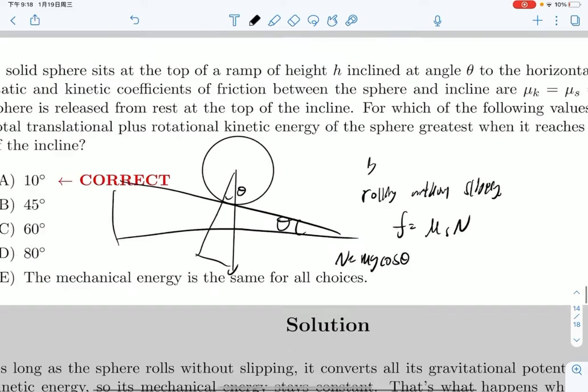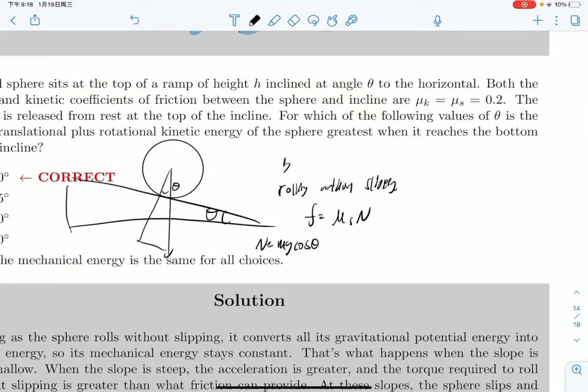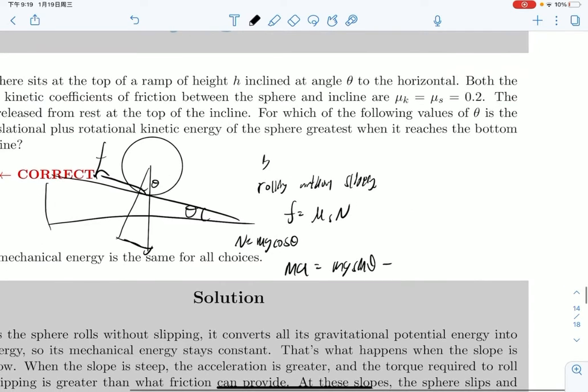So you will have ma is equal to mg sine theta minus the friction experienced. So this is mu s mg cosine theta.